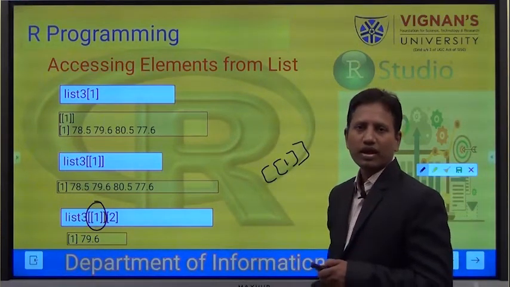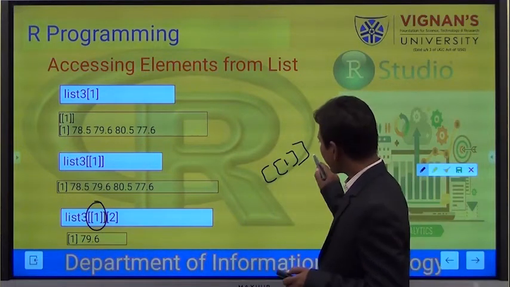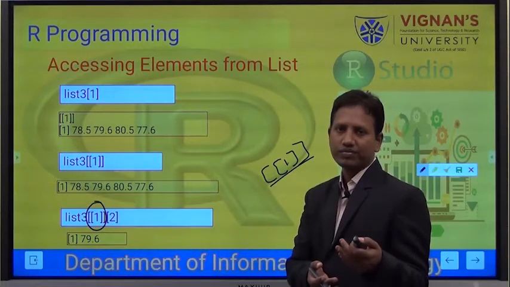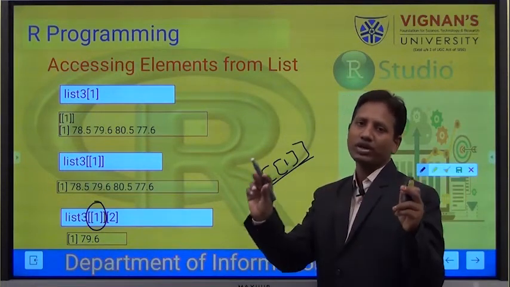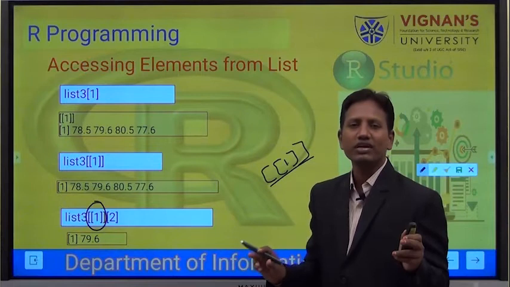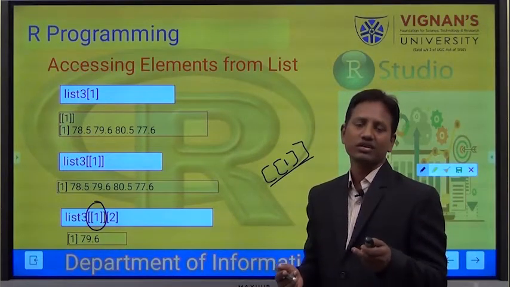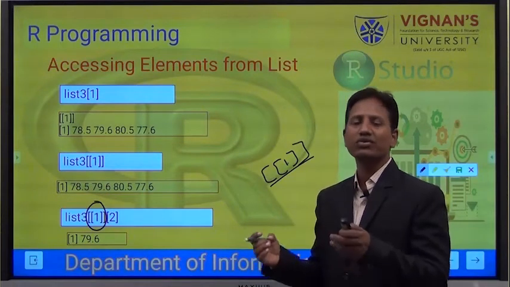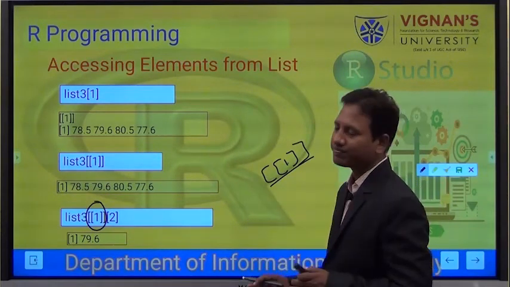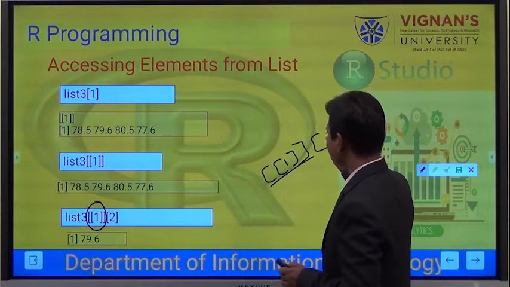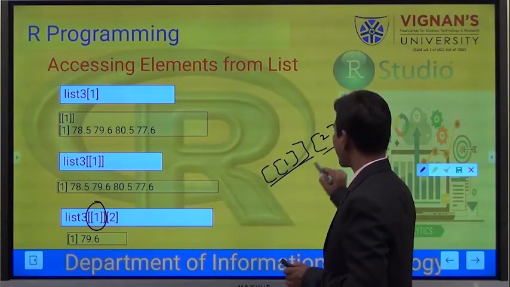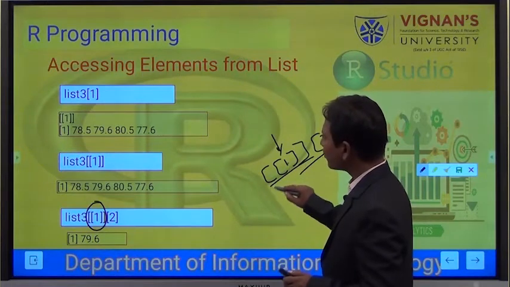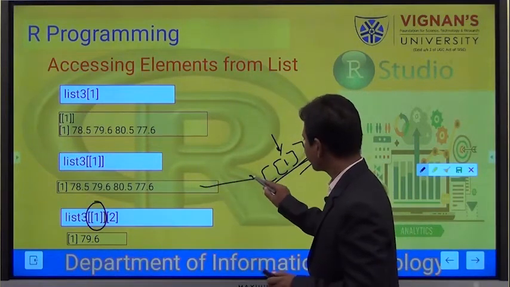And I said double bracket 1, in the sense that vector came out of that list. Now it's an independent vector, and an independent vector can be indexed with its index value, and that index we have to give beside this one, that I have given here as 2. So in this vector, this one is going to give me this one.